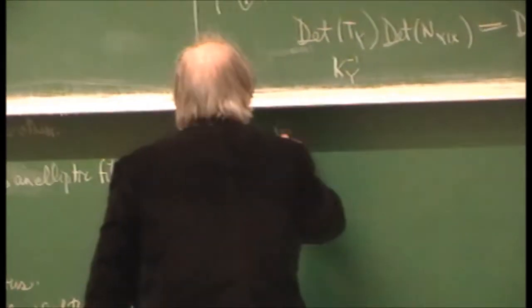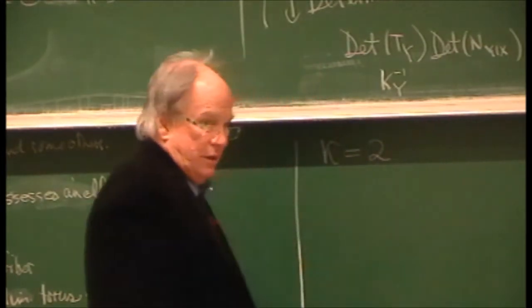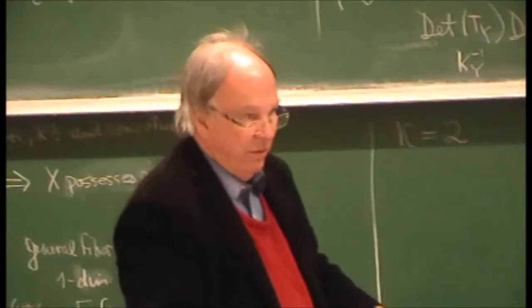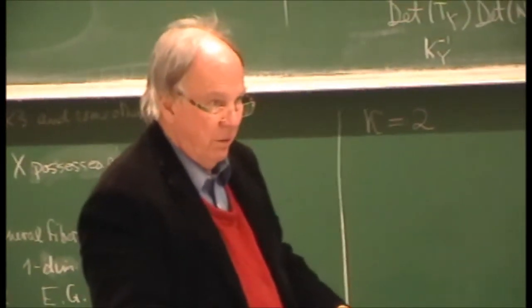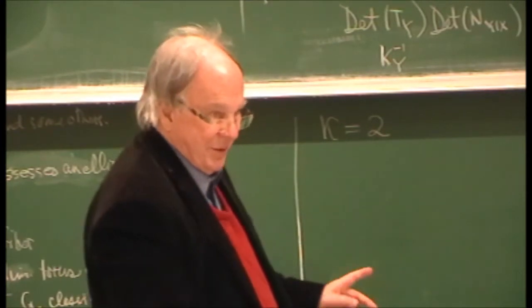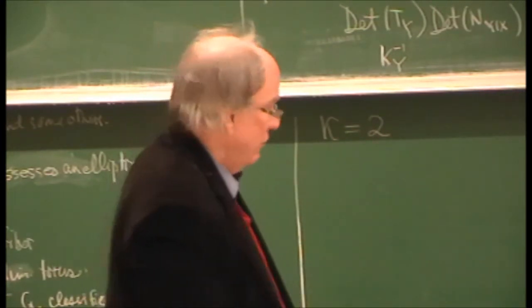So I remind you what Kayvon was just talking about. This means you have two independent meromorphic functions coming from the canonical bundle. Okay? There are many algebraic surfaces, but this is a special meromorphic function.